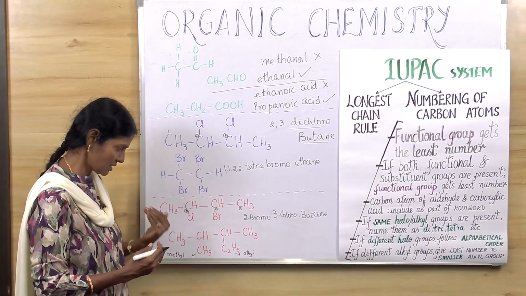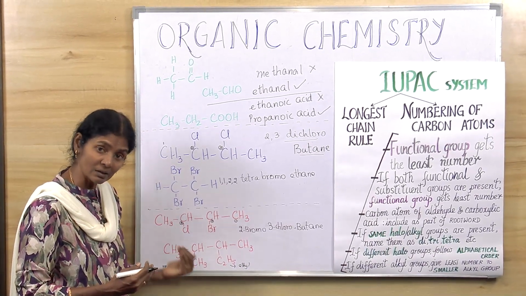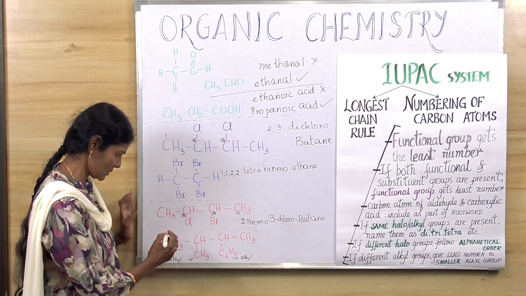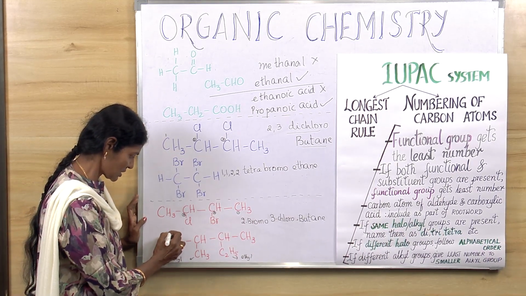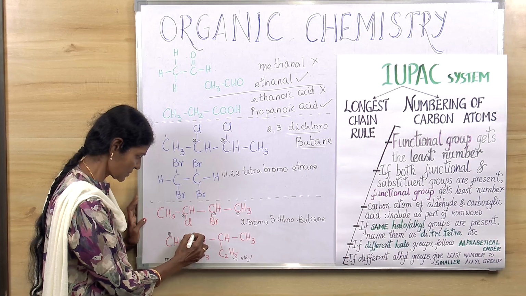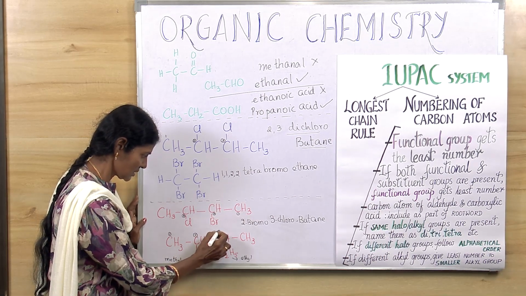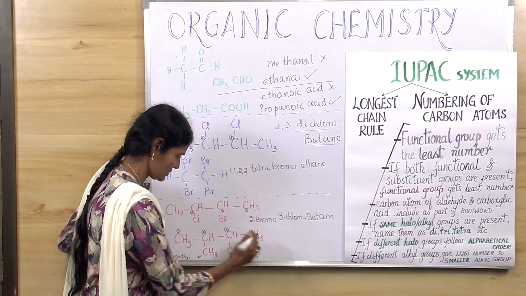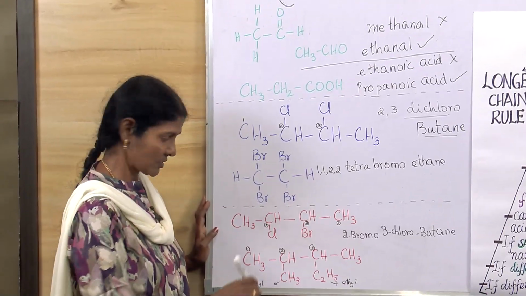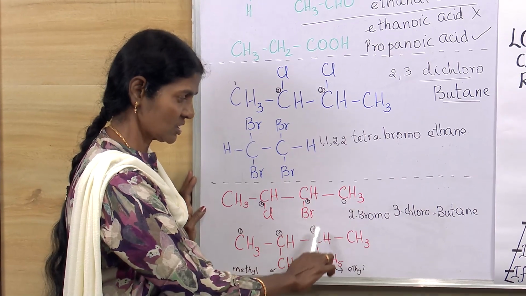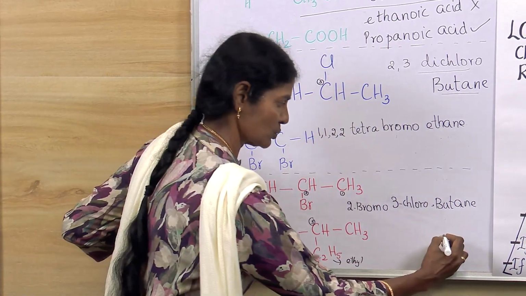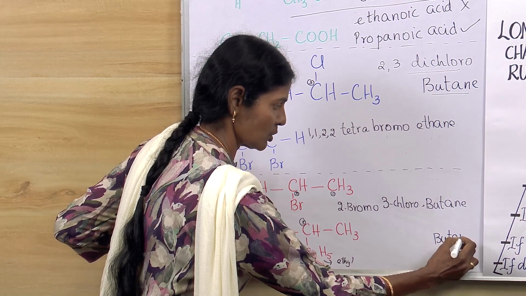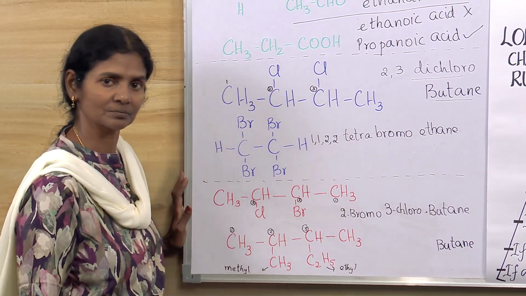So, in the case of 2 different alkyl groups, the smaller group gets the least number, which means this becomes the first carbon atom, this is the second, and this is the third. Therefore, we write it as, what is the root word here? 1, 2, 3, 4. Therefore, the root word is again butane, single bond. So, butane.